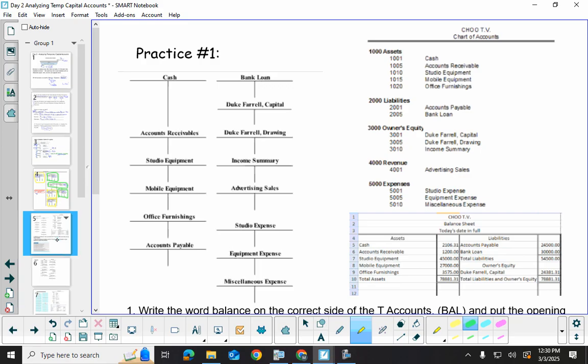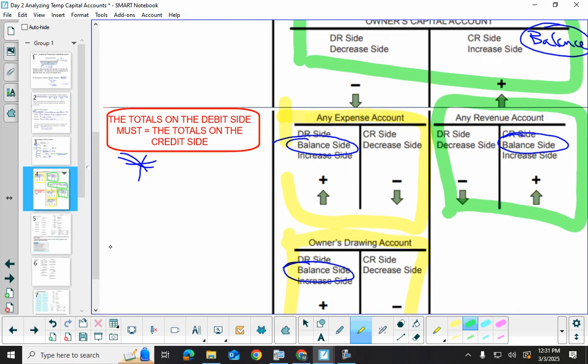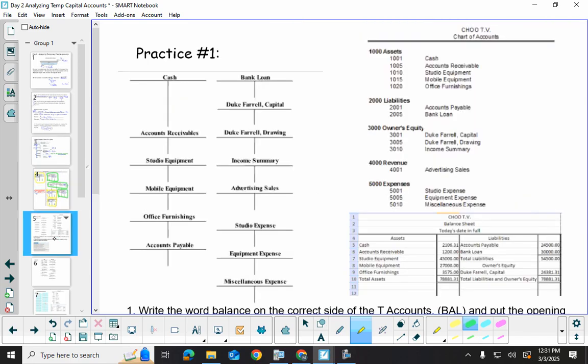Okay? So we just established that assets, expenses, and drawings all follow the same formula. So assets, drawings, and expenses all follow the same rule that the balance goes here, debit is plus, credit is minus.